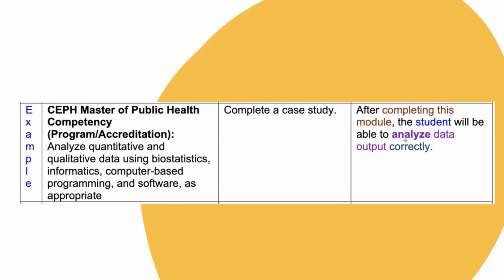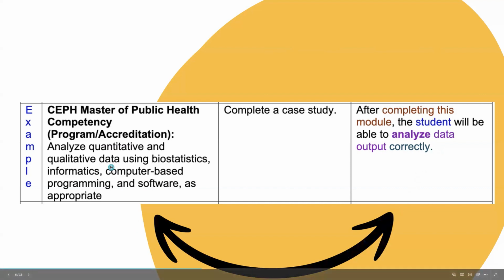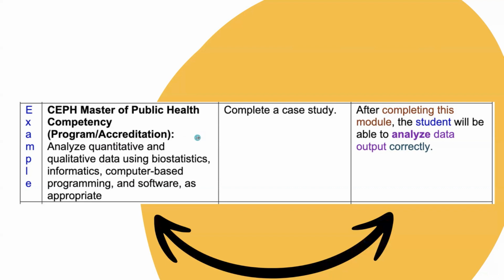And then if we move on to the next spot, we're going to take after completing this module, the student will be able to analyze data output correctly, move it over here to this competency from the CEF Master of Public Health program, where they're analyzing quantitative and qualitative data using biostatistics, informatics, computer-based programming, and software as appropriate.